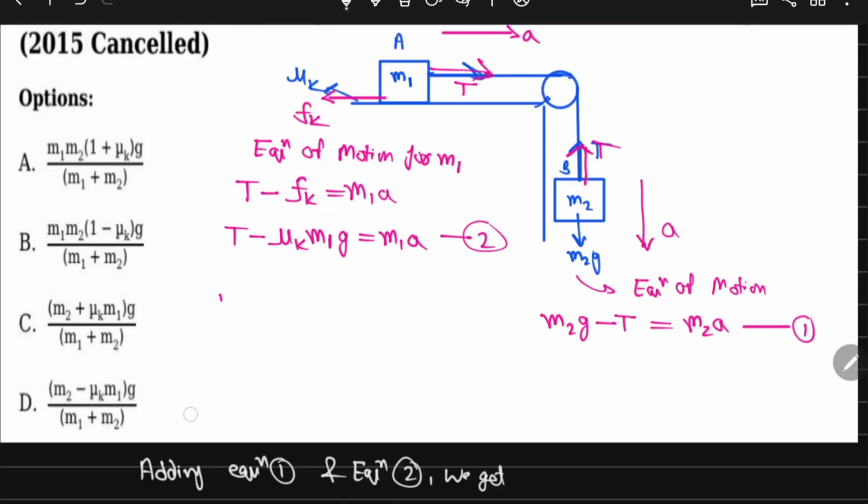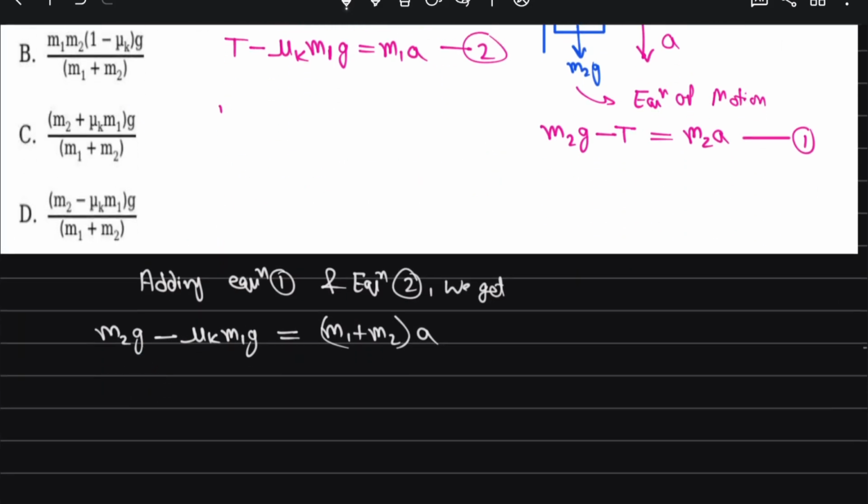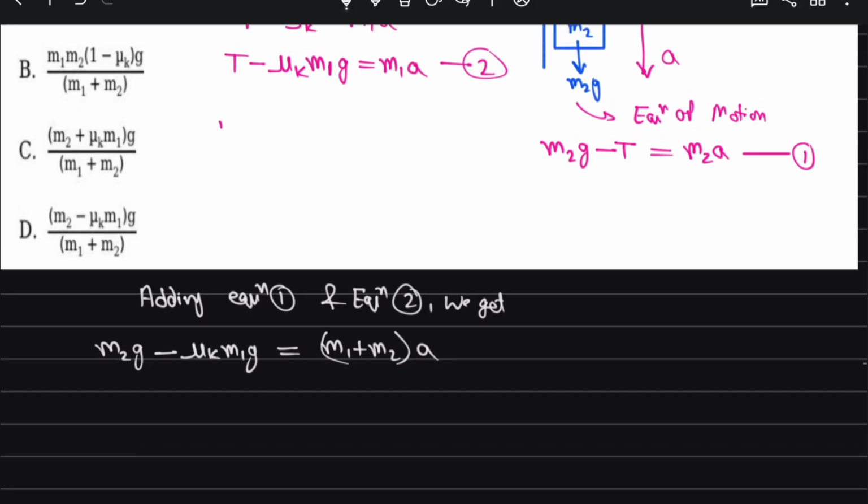So just one minute, they are asking the tension in the string. Okay, so from here I can get the value of T. Otherwise there is also one method. What you do, not adding, you subtract these equations, so you don't have to do more calculation. Subtract.